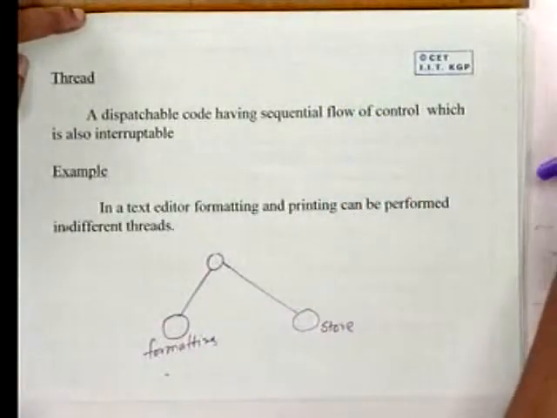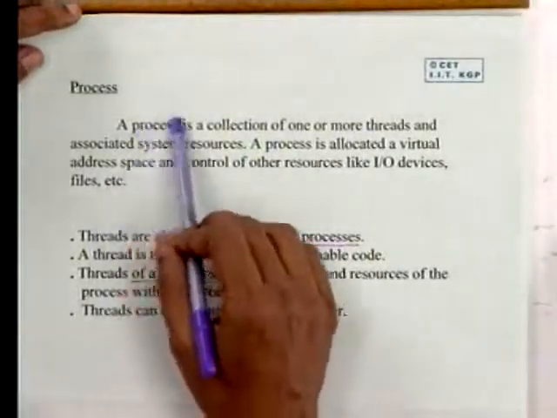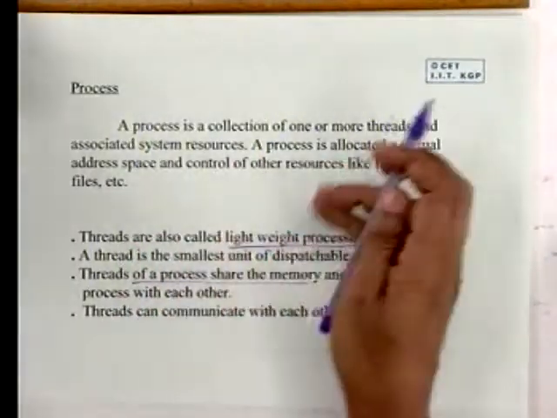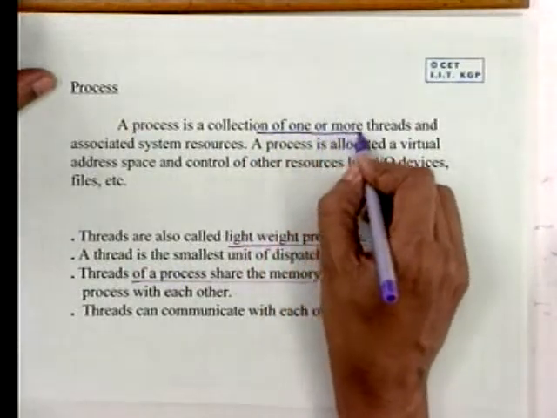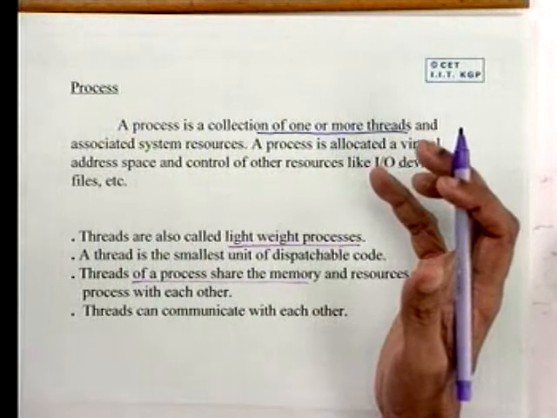Threads, as I repeat, are essentially a simpler unit. It is also code, and it is much simpler than a process. A process we will think of as a collection of one or more threads. So in a process we can have several threads, and some of the threads can run concurrently.